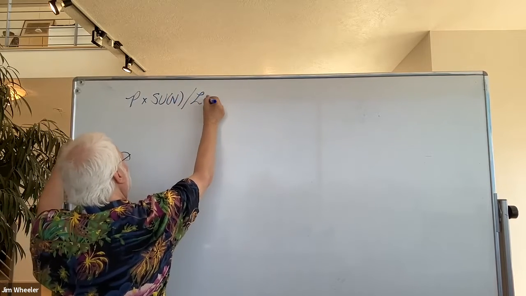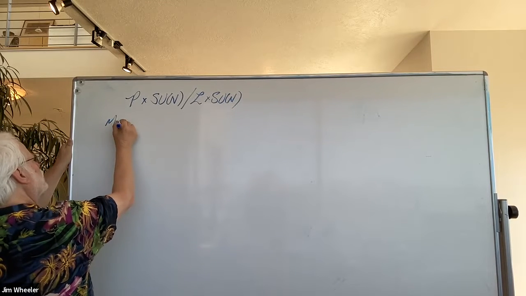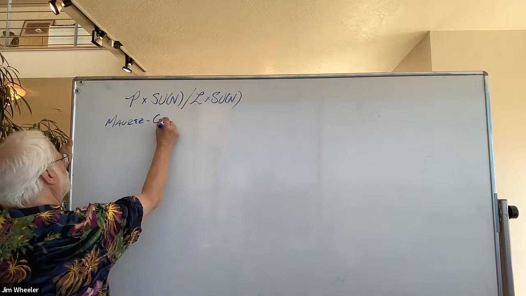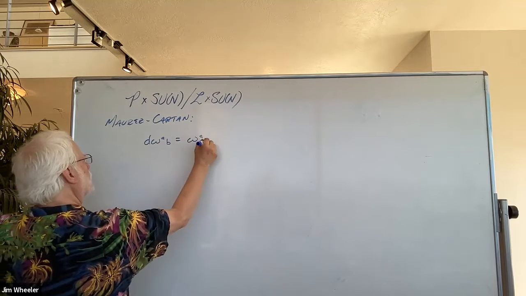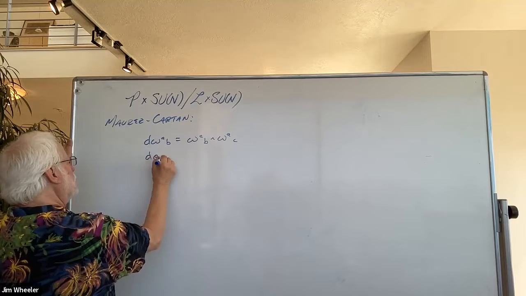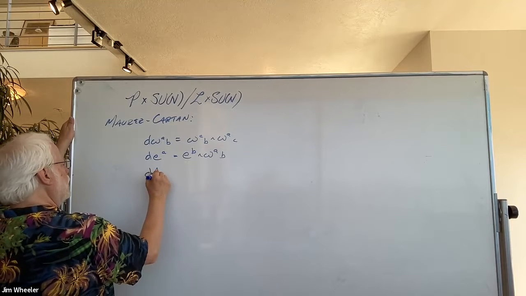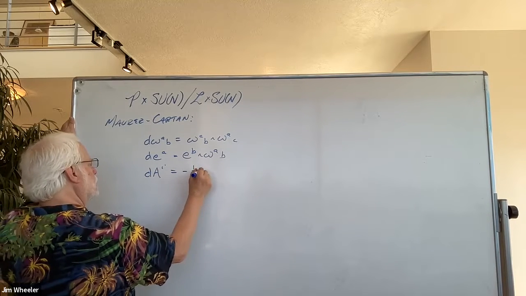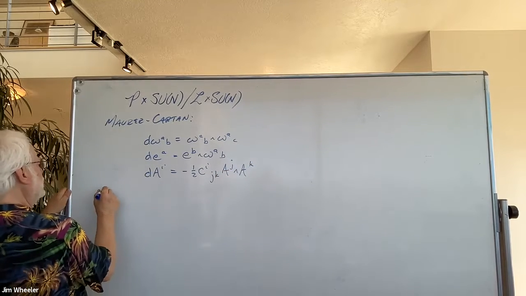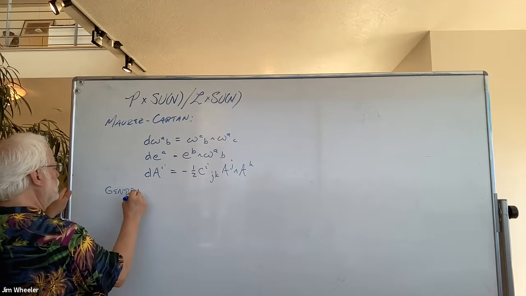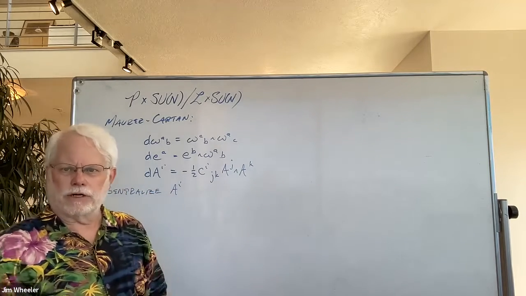We take the quotient by Lorentz cross SUN. That gives us the Maurer-Cartan structure equations for the Poincare group and for our SUN gauge field. So generalize the connection. That's going to introduce the field strength or the curvature.